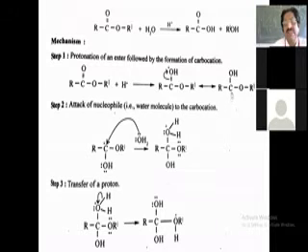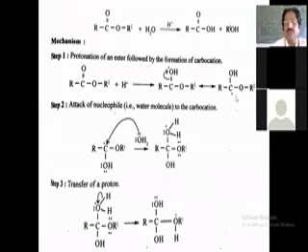Now the plus sign is on the carbon because the carbon is now short of 1 electron: 1 here, another, and another, 1, 2, 3 electrons, so it is short of 1 extra electron.